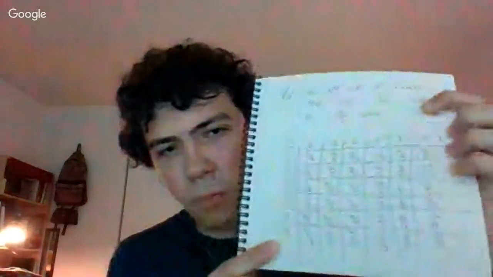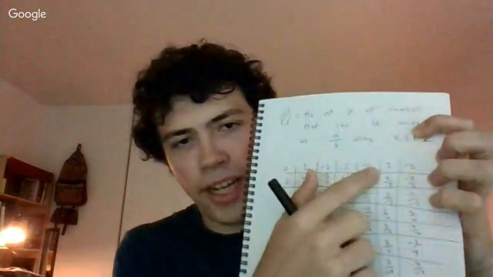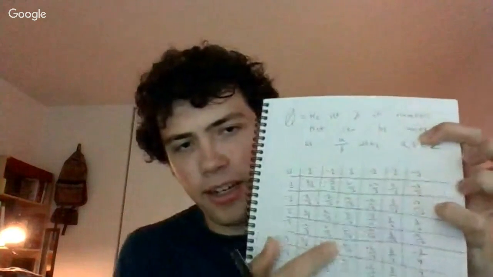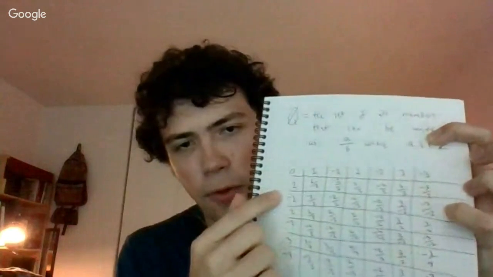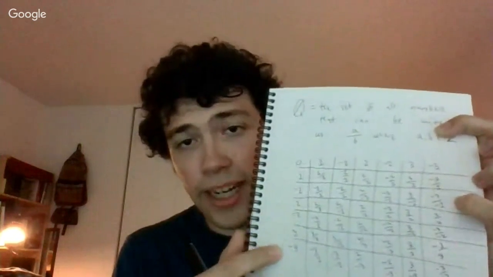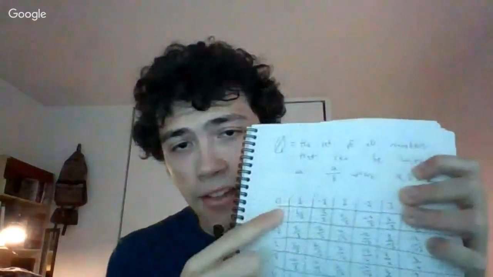And look, here's how we can see it. What I did here was I made a grid with 0, 1, -1, 2, -2, 3, -3, and so on. So basically, I wrote out a multiplication table, and instead of actually multiplying, I just wrote down the combination.